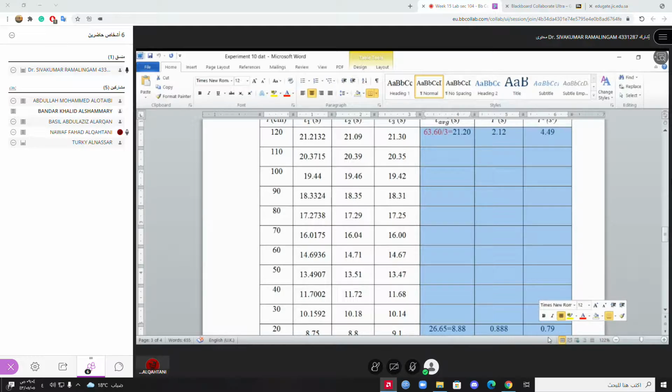You can write complete. You can write any decimal accuracy you want. Only two decimal accuracy for the graph.